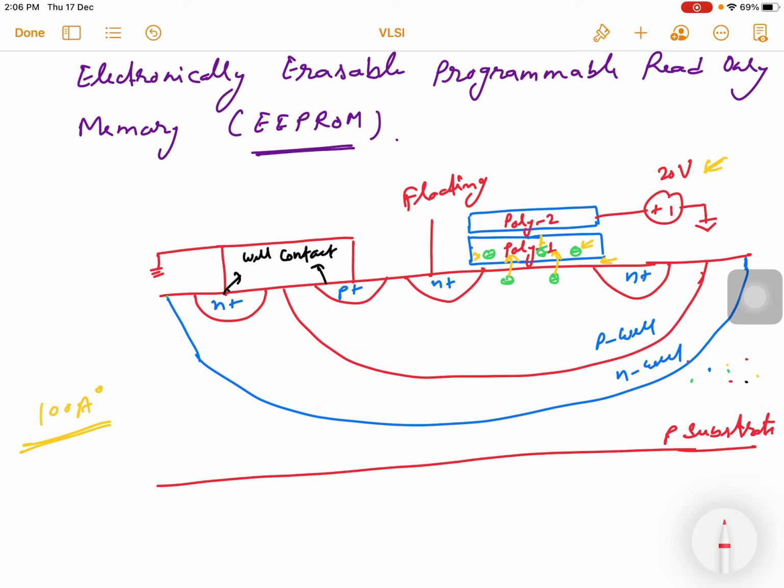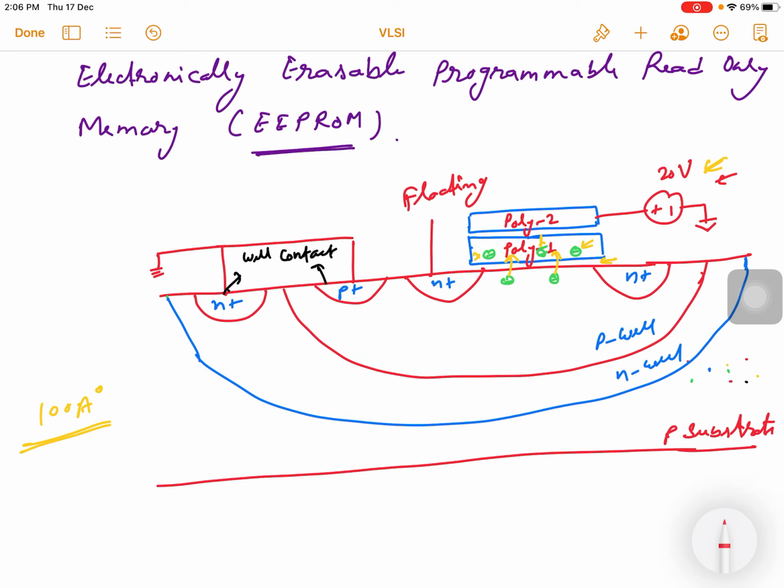When you apply a high electrical voltage over here, these electrons penetrate into this poly because of this high electric field, and also a thin layer of oxide is available.